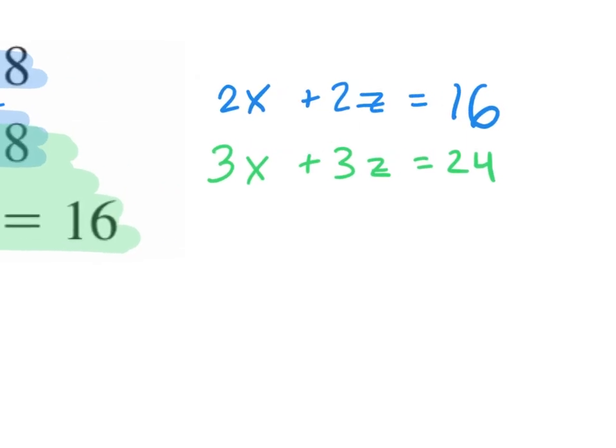All right, now that we have two equations with two variables, again, we need to add them together, so we need to get one of our variables to cancel out. So what do we need to multiply to which equation to get something to cancel out?